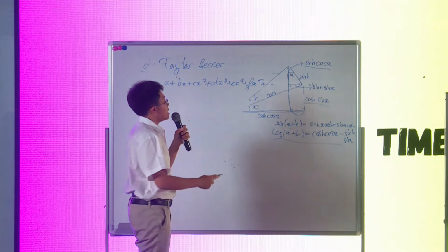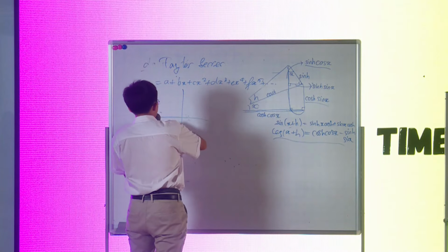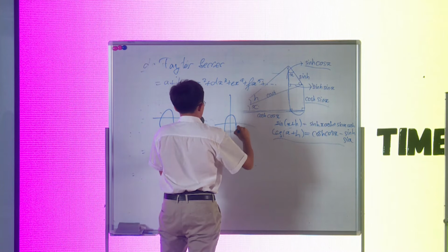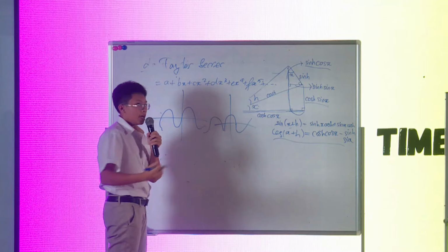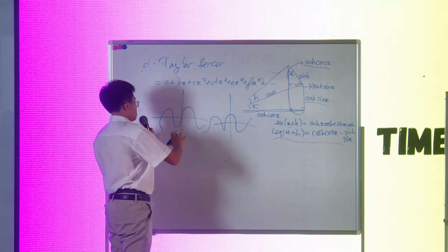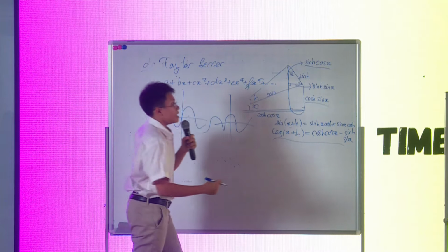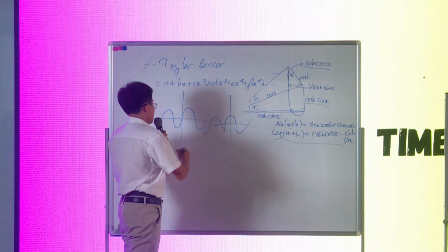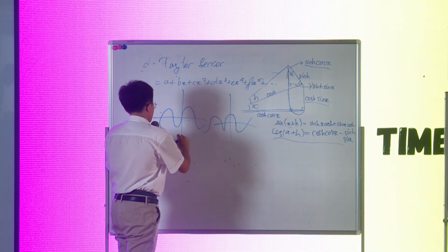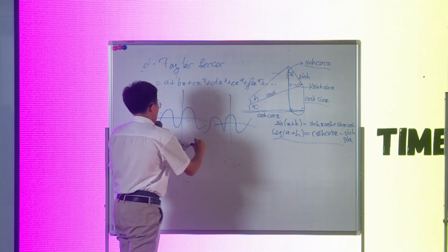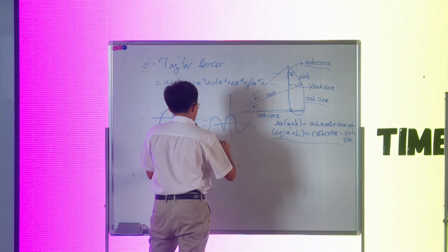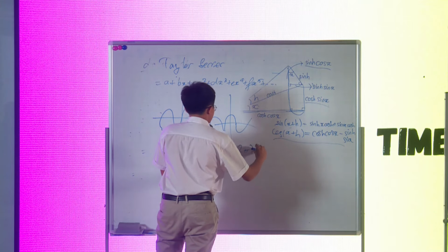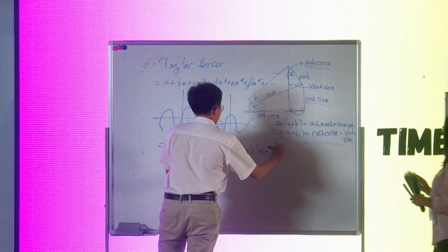But for the sine and the cosine graph, it is expressed as x times x minus pi times x plus pi times x minus 2 pi times x plus 2 pi and so on and so forth.